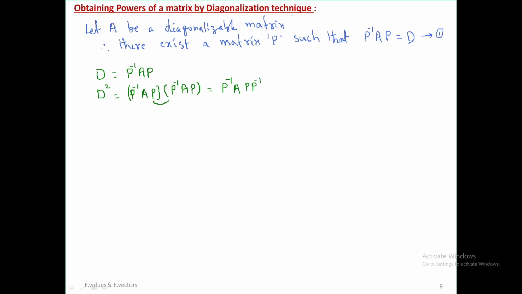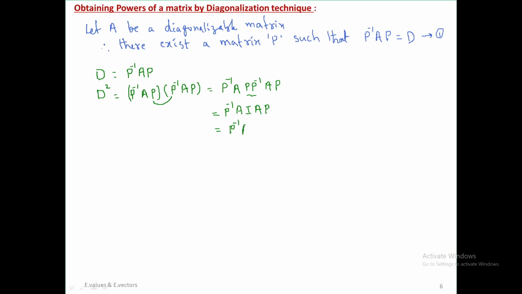First I want to multiply these two: P inverse into P, A into P. And then P into P inverse is the identity matrix. So P inverse into A into the identity matrix into A into P. A into the identity matrix is A only, right?